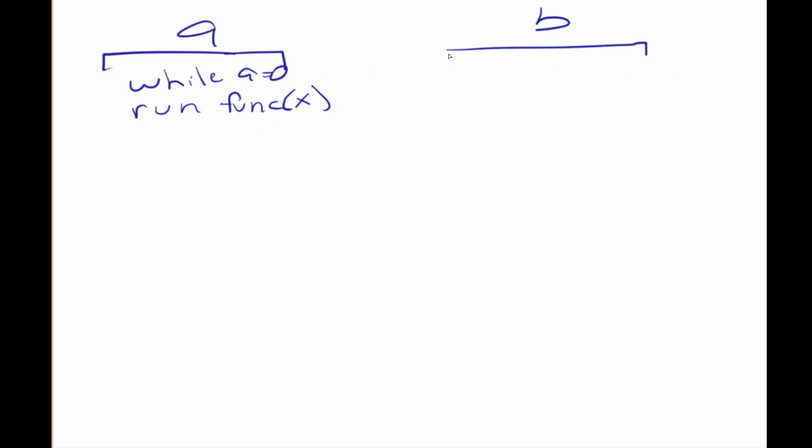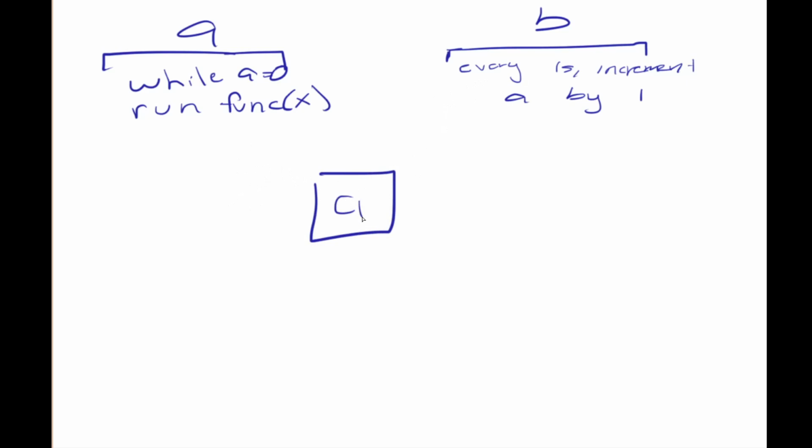And then B's thread is going to say every 1 second increment A by 1. Okay, so now let's say for whatever reason, we have our CPU, and we're going to run both of these at the same time, and there's no SMT, and we're not going to switch the context, no context switching.